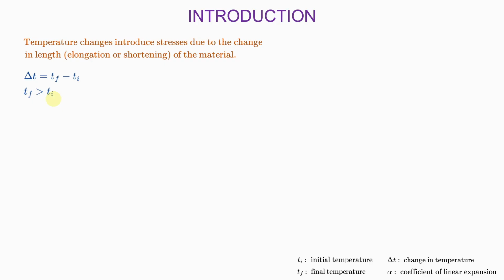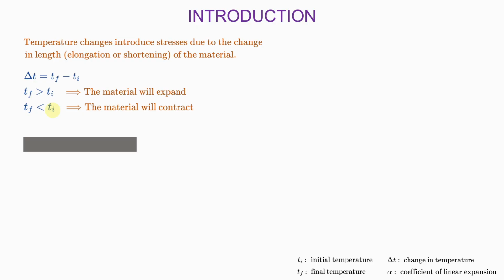And if the temperature increases, then the material is going to expand, okay? But if the final temperature is lower than the initial temperature, then the material is going to contract, okay? Because when the final temperature is lower than the initial temperature, it means that there is a decrease in temperature. Okay, so therefore the material will contract.